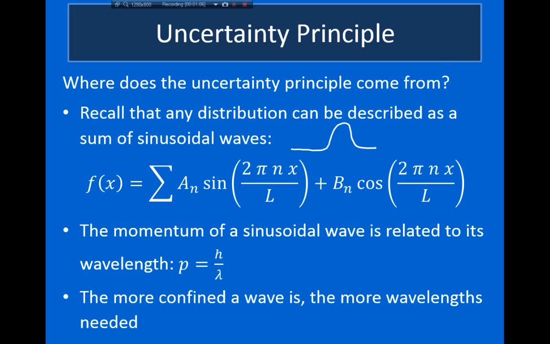So if I add together a whole bunch of waves that have different wavelengths, I'm adding together waves that have different momentums. So whenever I have a wave function that is confined in space, I will necessarily have an uncertainty in the momentum. That's really where the Heisenberg uncertainty principle comes from. It comes from this basic principle regarding Fourier series, where you add together sines and cosines to describe another type of function.